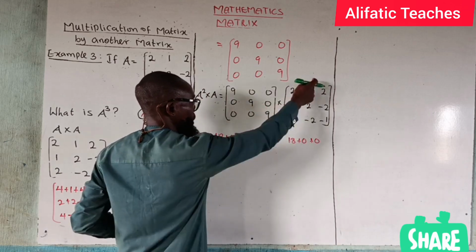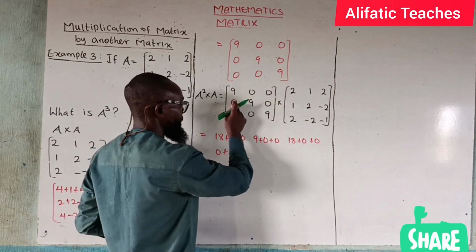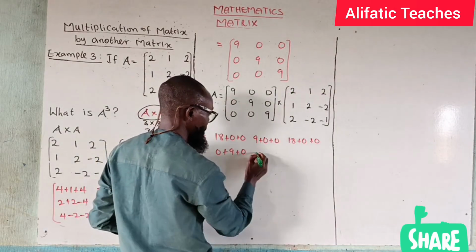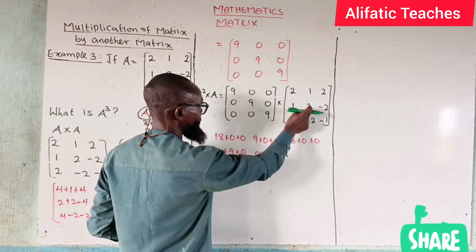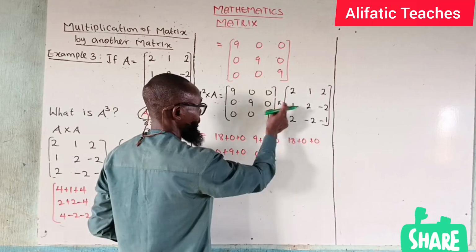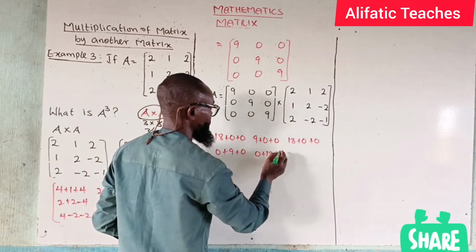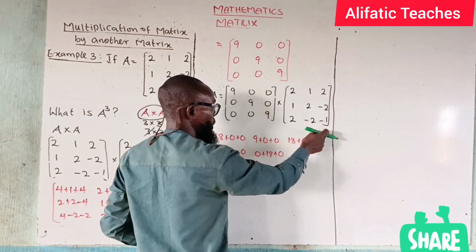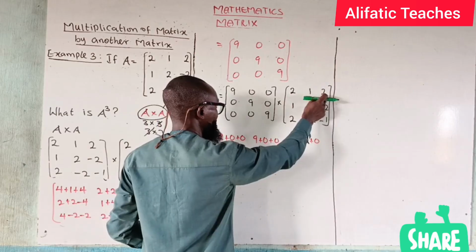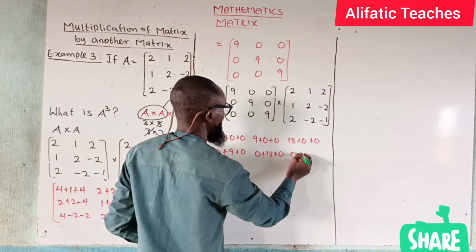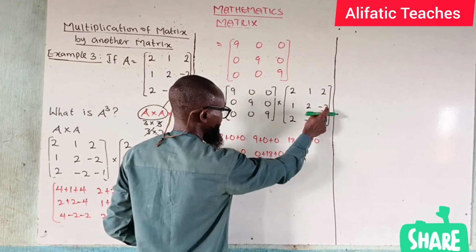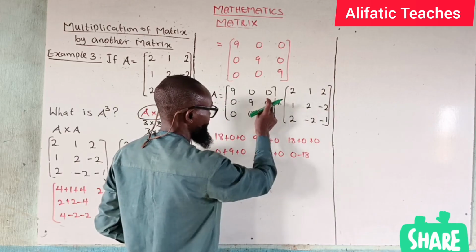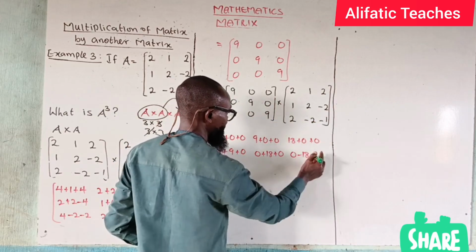Okay, second row, second column. 0 times 1, 0, plus 9 times 2, 18. 0 times minus 2, plus 0. Second row, third column. 0 times 2, 0. 9 times minus 2, minus 18. 0 times minus 1, plus 0.